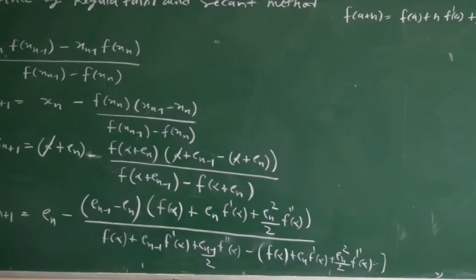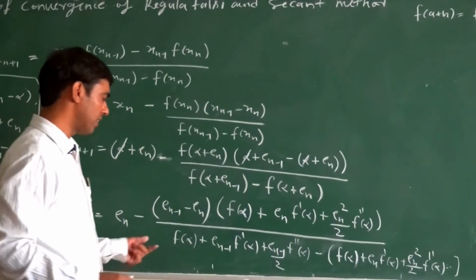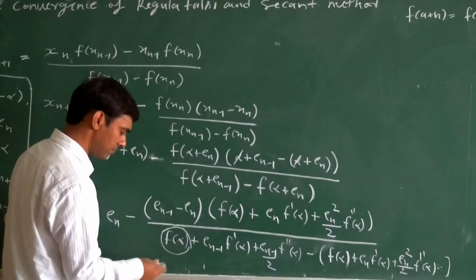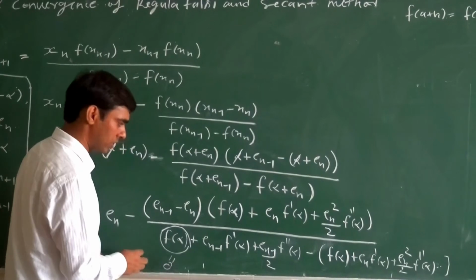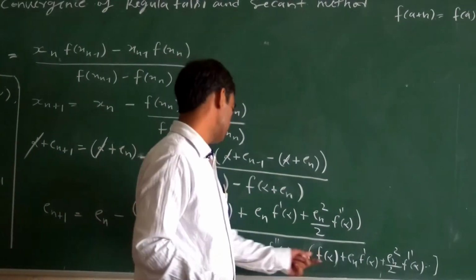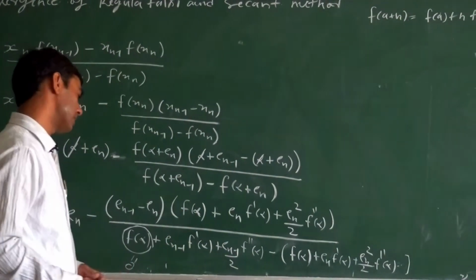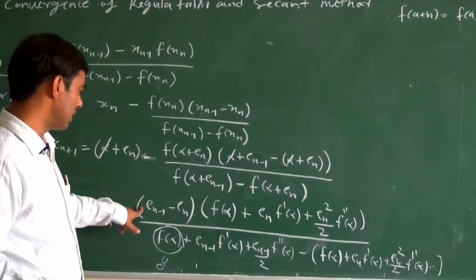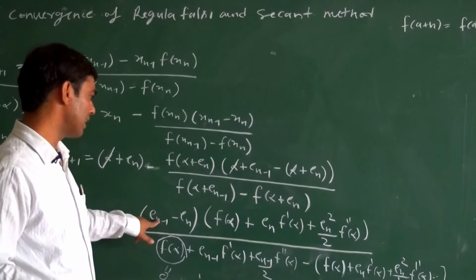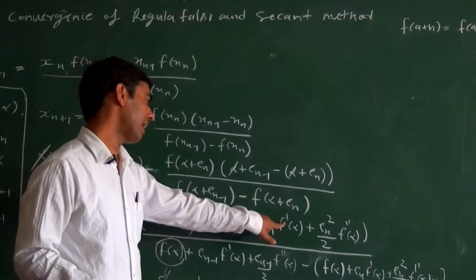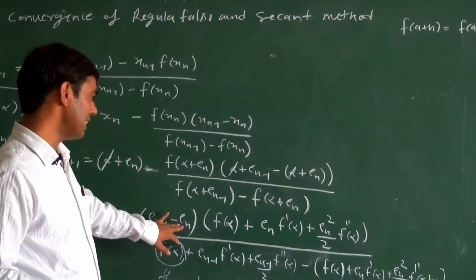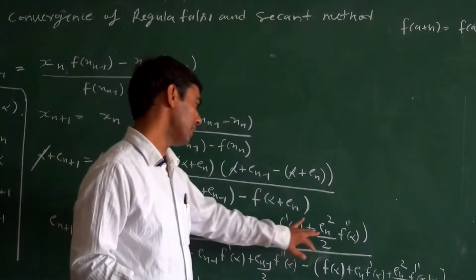Now we know that alpha is the actual root, so what is the value of f(alpha)? f(alpha) becomes 0. This one equals 0, and this one also equals 0. So if we multiply by this one, this becomes E_{n-1} E_n f'(alpha), and this E_n squared by 2.